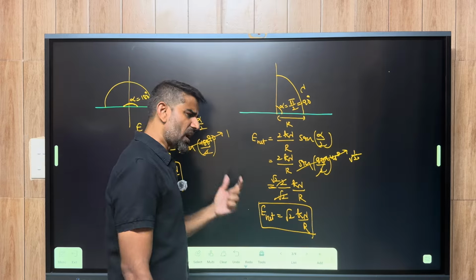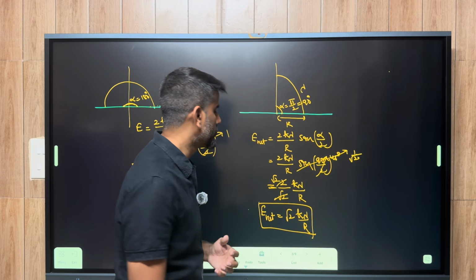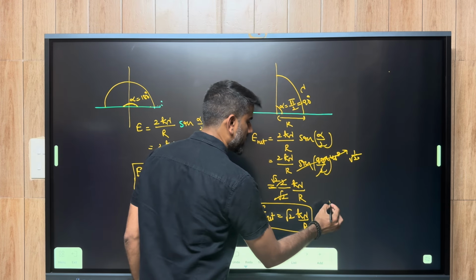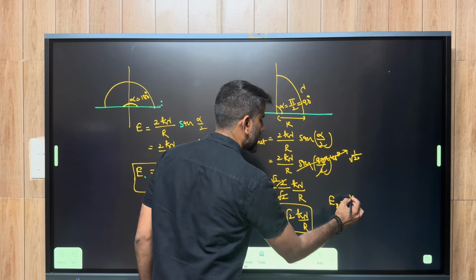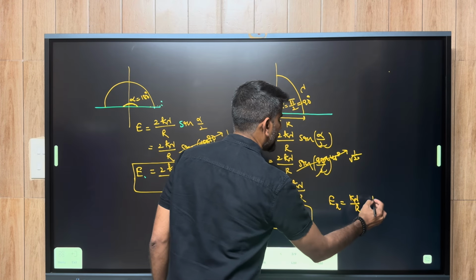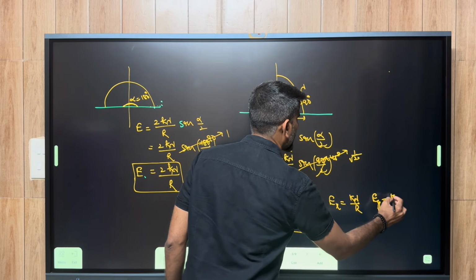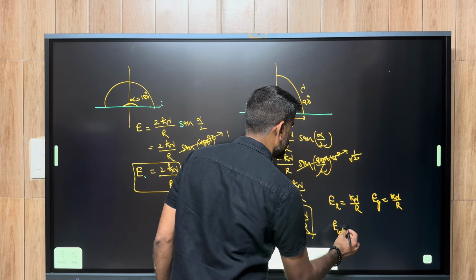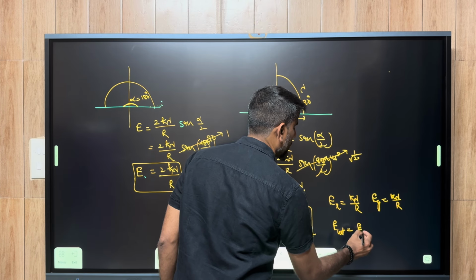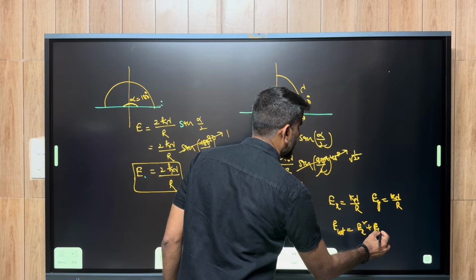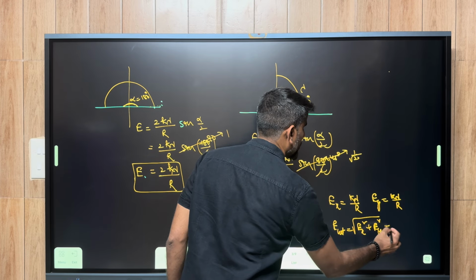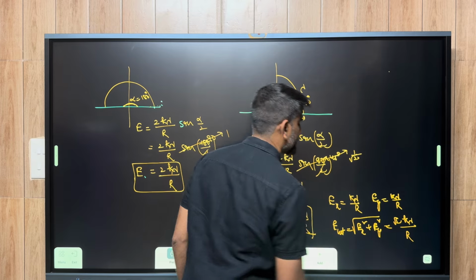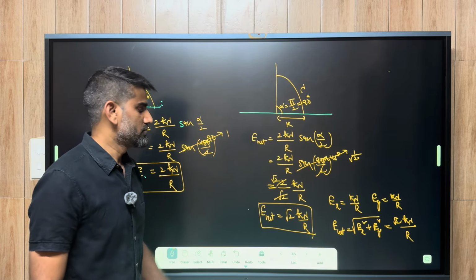Okay. And one more conclusion I want to give you here. E net is root 2 k lambda by r. That means x component is k lambda by r and y component is also k lambda by r. E net comes out to be root of Ex square plus Ey square, as both of them are same, so you will get root 2 k lambda by r.